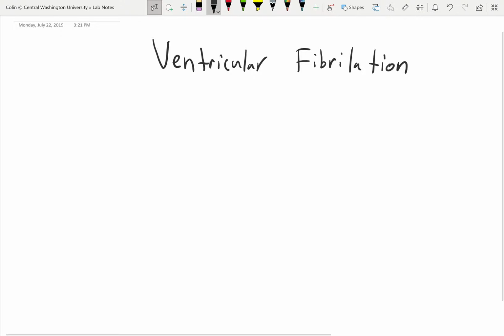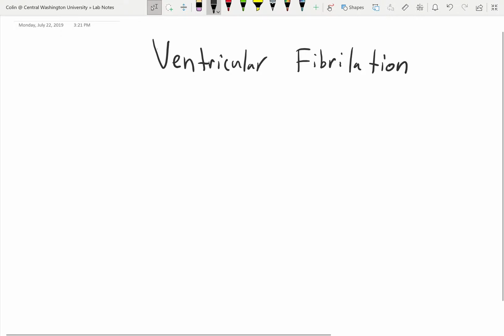It's looking for ventricular fibrillation or ventricular tachycardia, so VFib or Vtach. And if it sees those two, then it shocks. We can't shock a flat line, an asystole, and we can't shock PEA, but we can shock VFib, and we can shock Vtach.